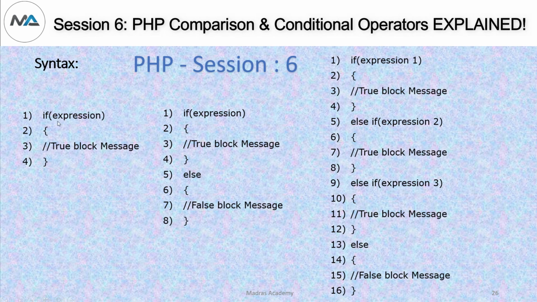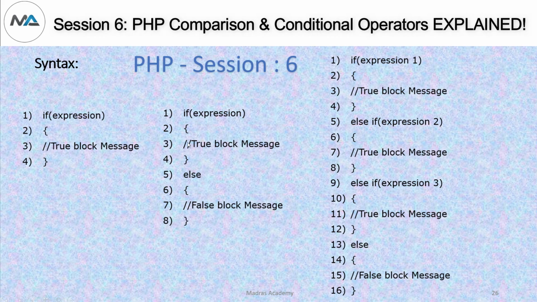The other syntax is if expression, and here I have a true block. If this condition is true, it will enter into this true block, else it will enter into this false block.